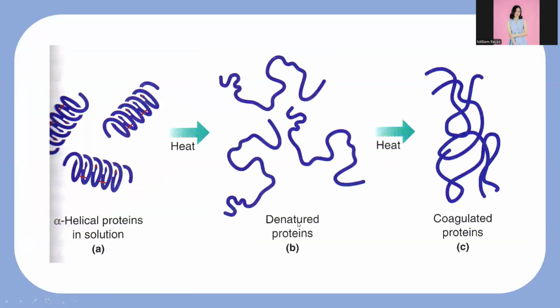So, ito yung sinabi kong difference ng denaturation, so nag-unfurl siya, but then with increased heat pa talaga, nag-coagulate si protein, nagkagulo-gulo na, nag-entangle yung proteins mo. It no longer went back to its original helical structure. Gulo-gulo lang siya.